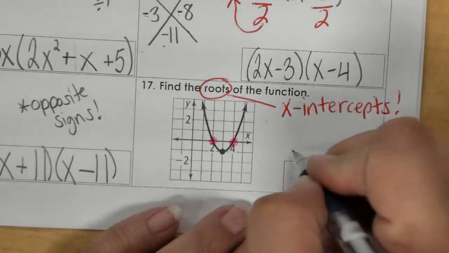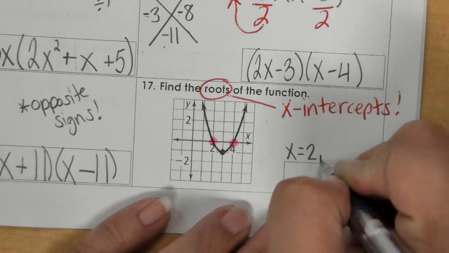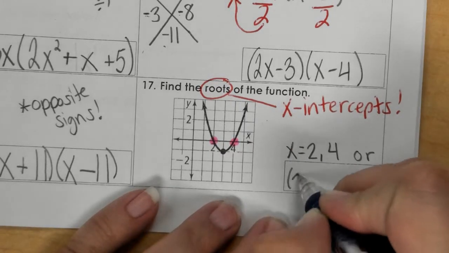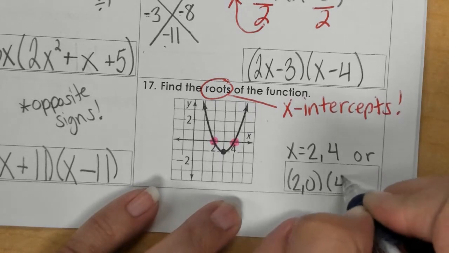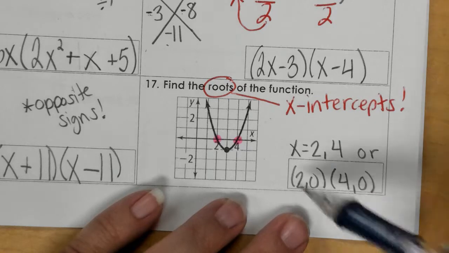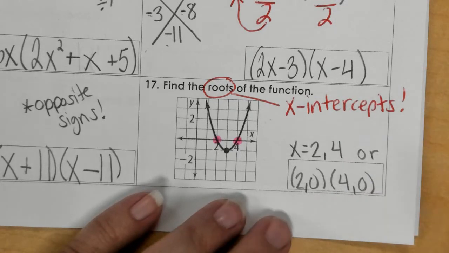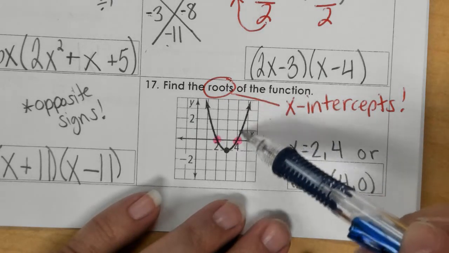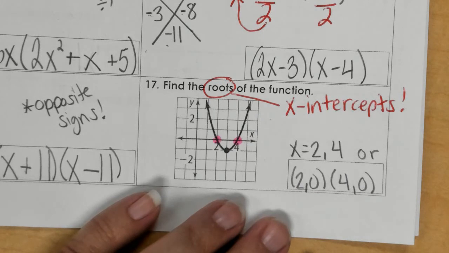So they could write the answer as x equals 2, 4, or they could write it as (2, 0) and (4, 0). Either way is acceptable. Again, it's multiple choice, so you could have either way as an answer choice. But you have to have both answers down because the parabola crosses the x-axis 2 times.